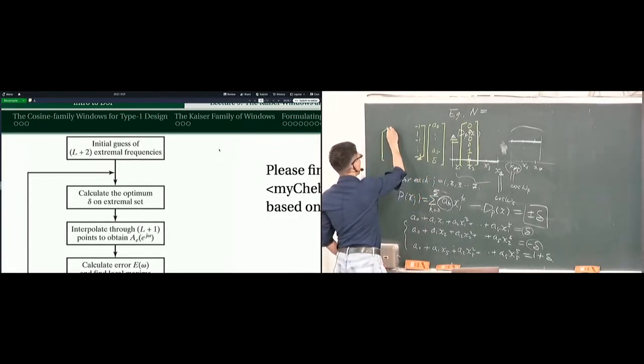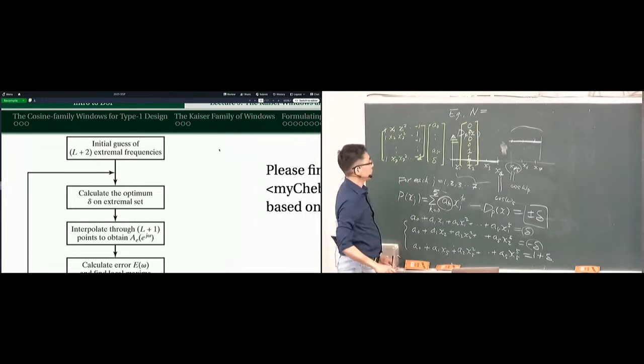And here, the first row is 1, x1, x1 square, up to x1 to the fifth power, then 1, x2, x2 square, something like that, and 1, x7, x7 square, blah, blah, blah. Yeah.